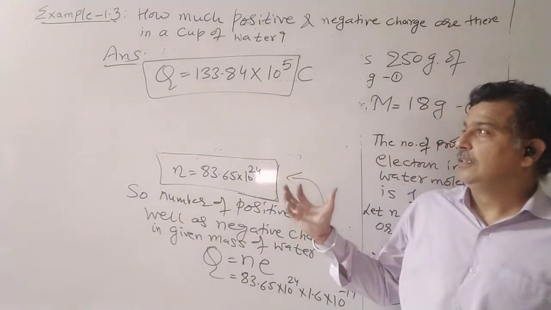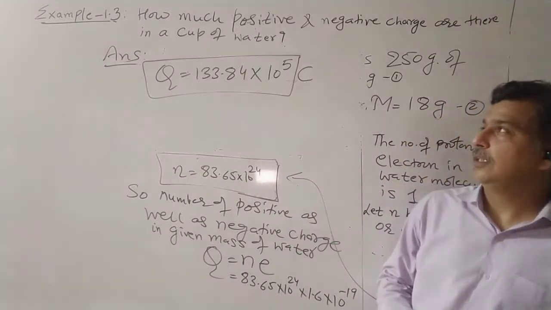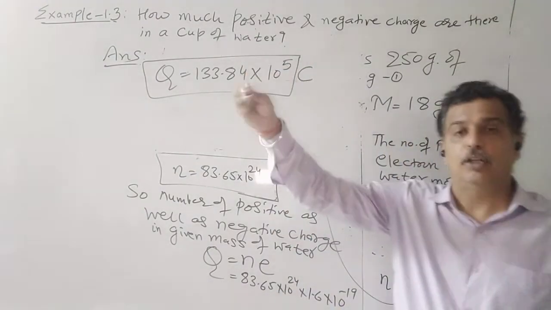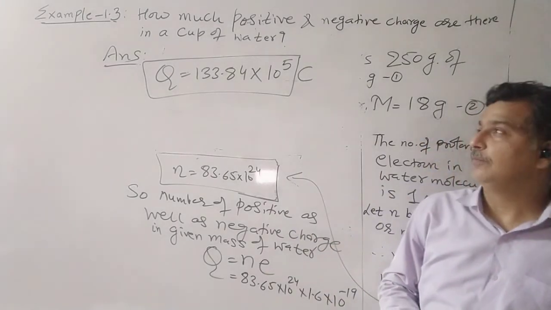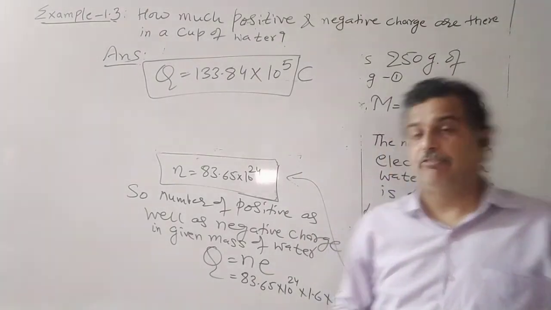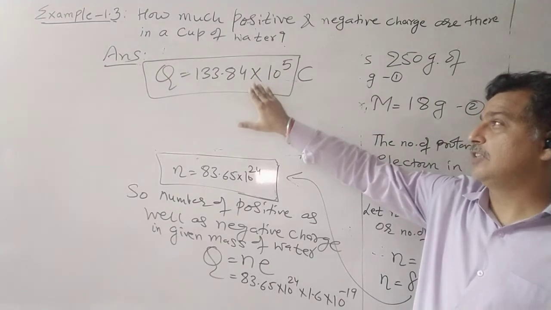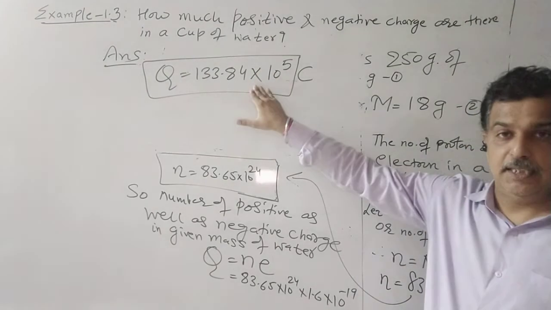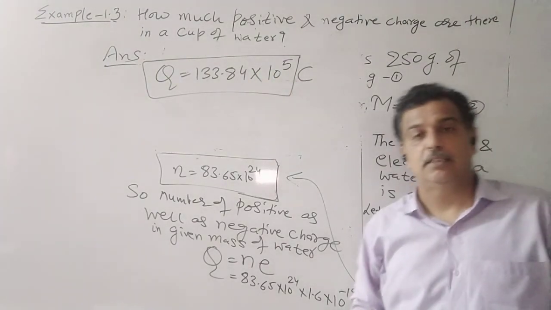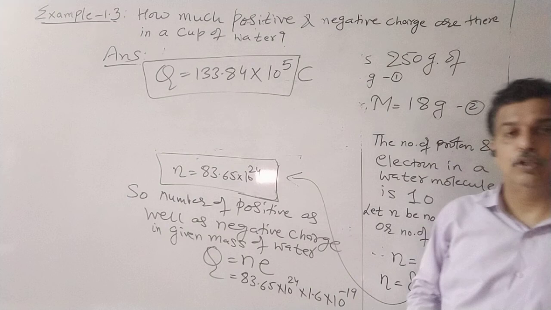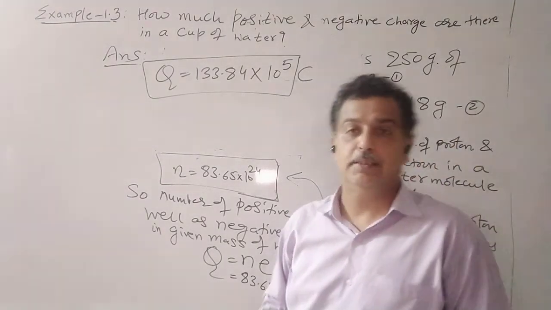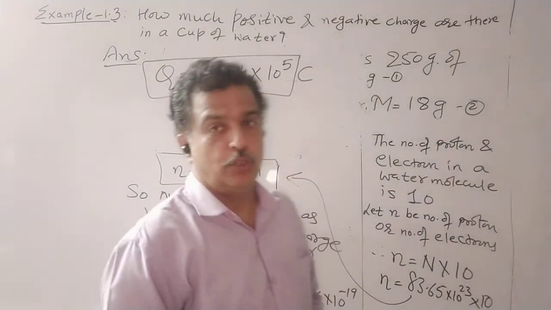In this one, they have given the mass of the water, or we have assumed it to be 250 gram. So from that we can find out the positive charge as well as the negative charge. The resultant will be 0 because there are equal numbers of protons and electrons.